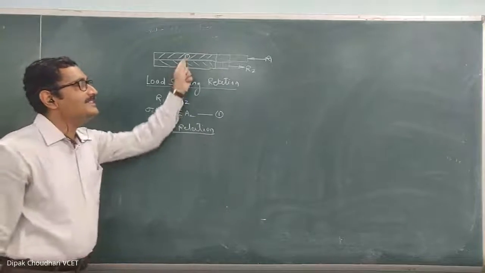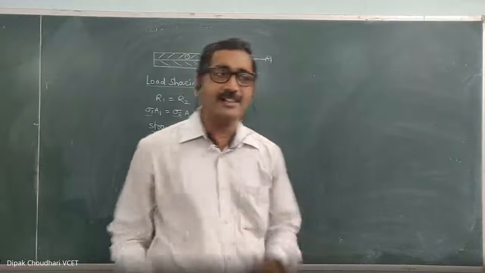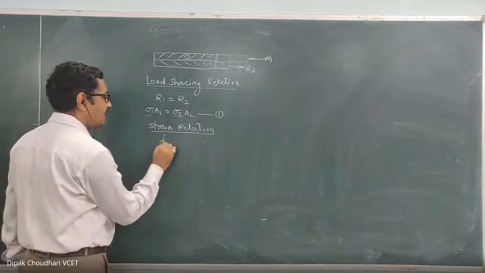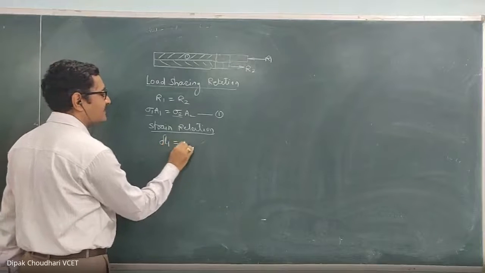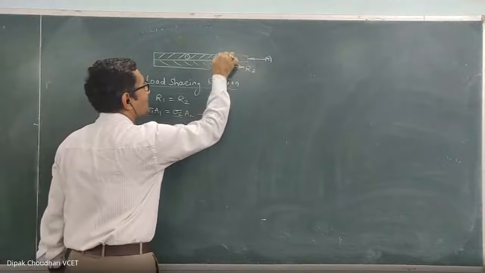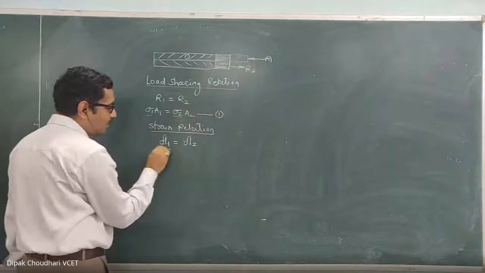Since these two materials are rigidly connected in parallel, the deformation of both materials will remain the same, and we can write delta L1 is equal to delta L2. This is the final deformation of both materials.